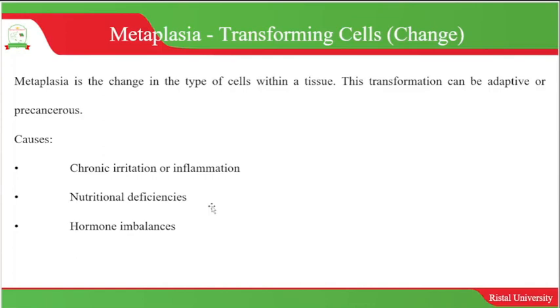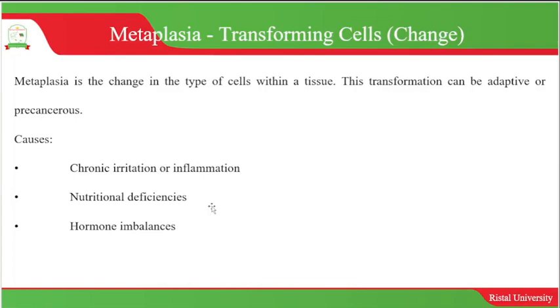So if the tissue has been squamous, it may change to another type of tissue altogether. So this transformation can be adaptive or precancerous. We have seen normal tissues transforming from epithelial to squamous, and from normal tissue type to malignant, becoming either benign tumors or malignant tumors.